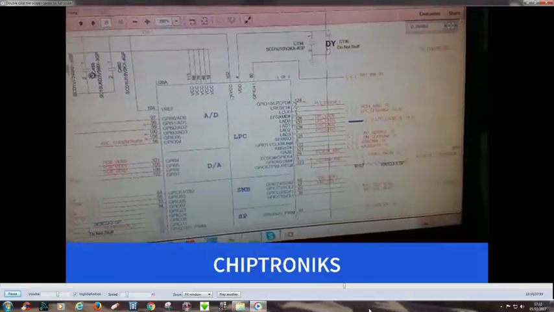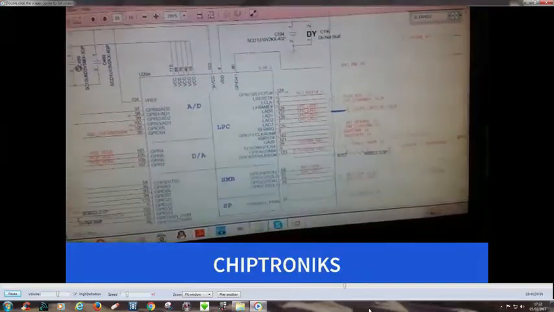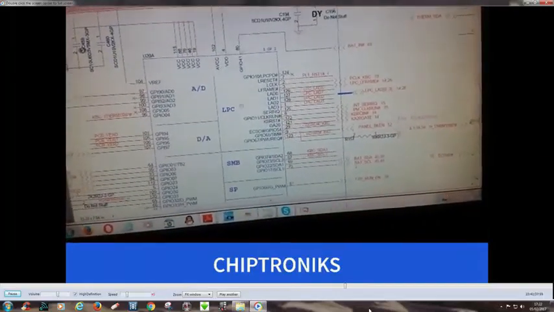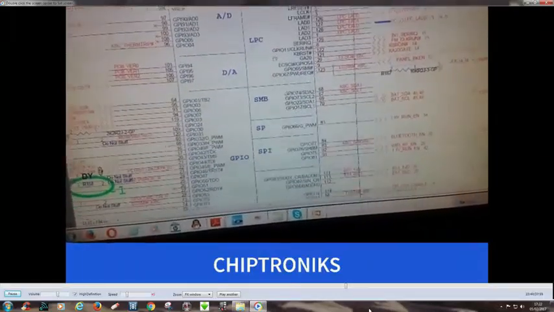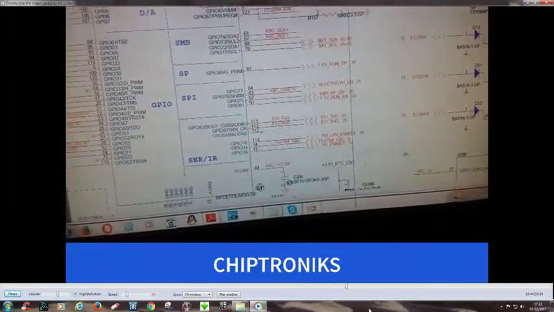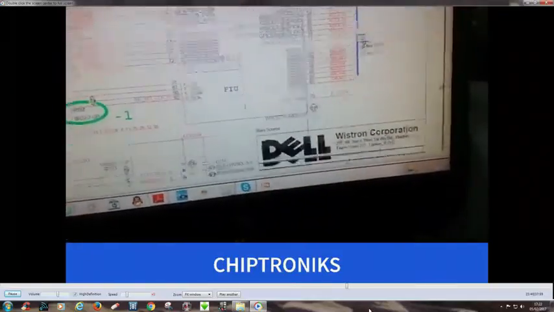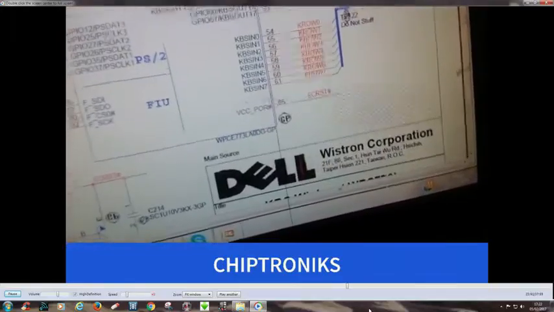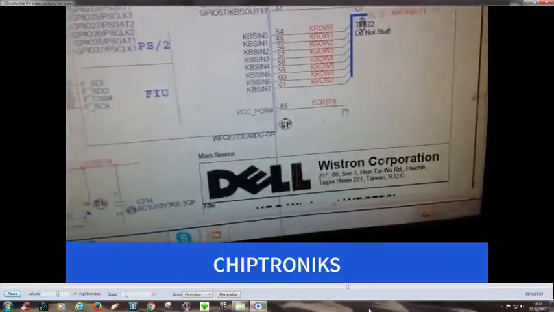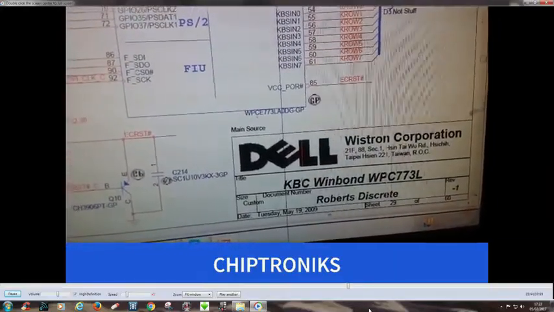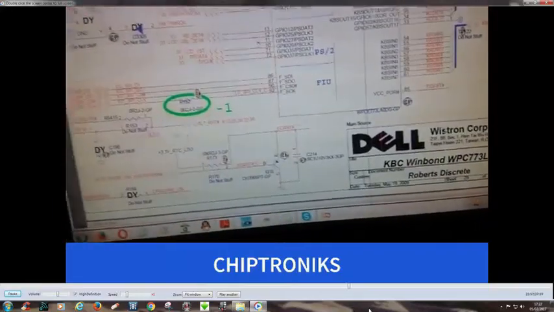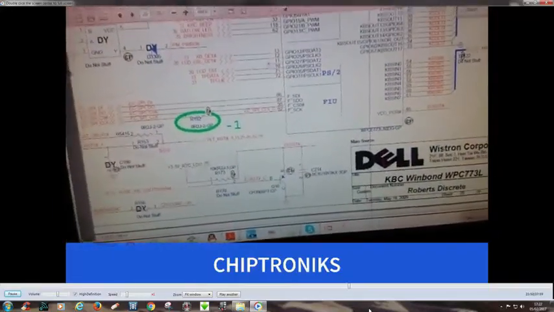Then we have to check for the reset, that is EC reset, and we have to check for the clock. And you can see the EC reset here at pin number 85, and EC reset is generated by this 3.3 volt RTC LDO.